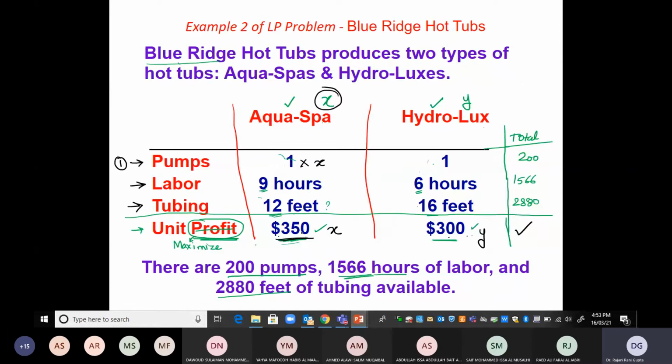So the total pumps required to make X Aquaspa tubs and Y Hydrolux tubs will be 1 times X plus 1 times Y. And how many are available in total? 200. So we can use either all 200 or less than 200, meaning we can use 199, 198 pumps to produce these Hydrolux and Aquaspa tubs.